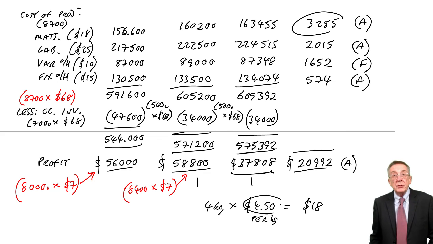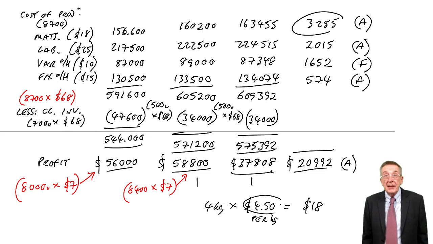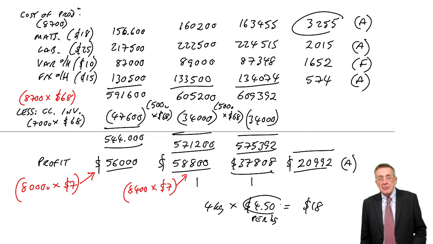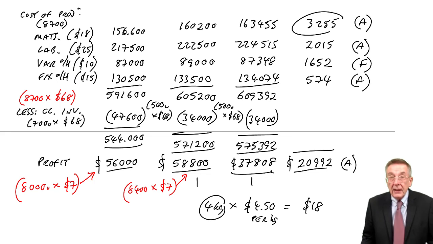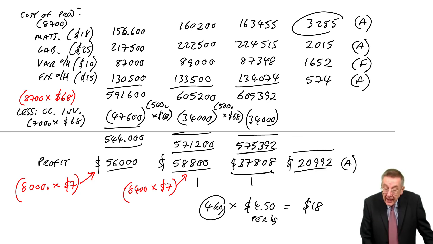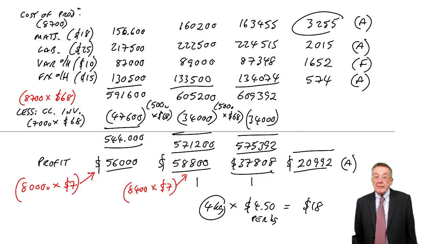Maybe we paid too much per kilo, maybe $4.60 a kilo or something. That's going to be the responsibility of the purchasing manager. Or it could be we did pay $4.50 a kilo, but we used too many kilos. That's maybe the fault of the production manager. Or it could be a combination of the two.